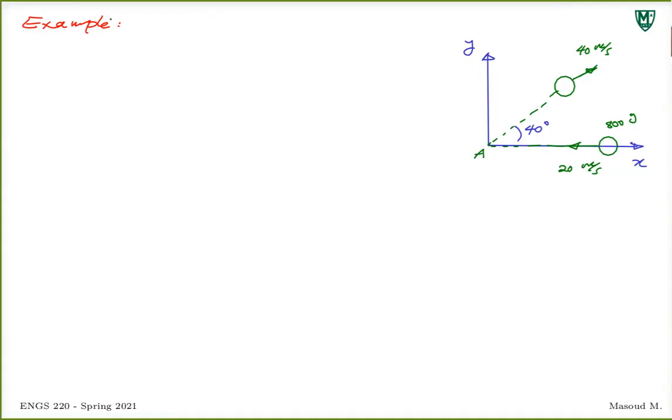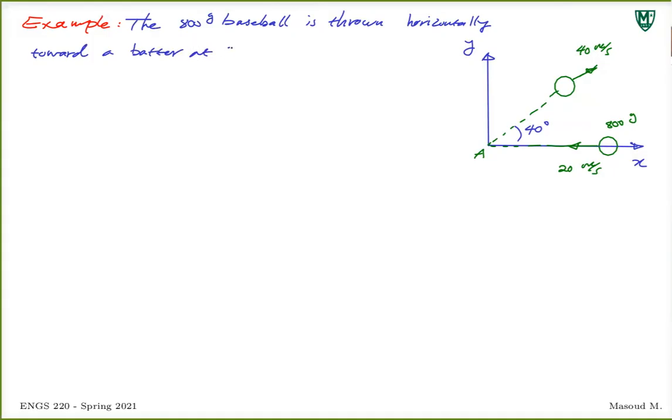All right, so here's the story. Let me write it. The 800-gram baseball is thrown horizontally toward a batter at 20 meters per second.